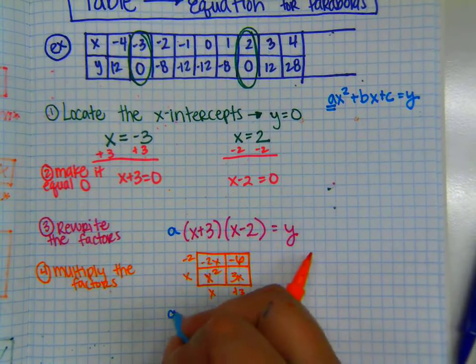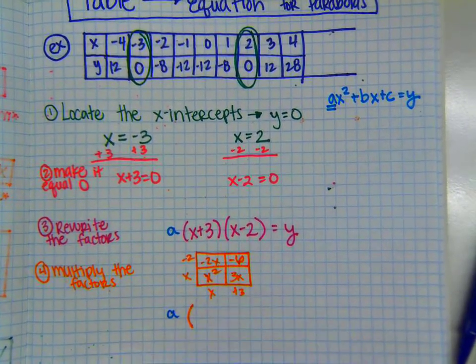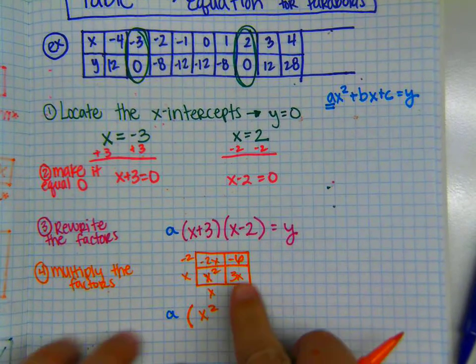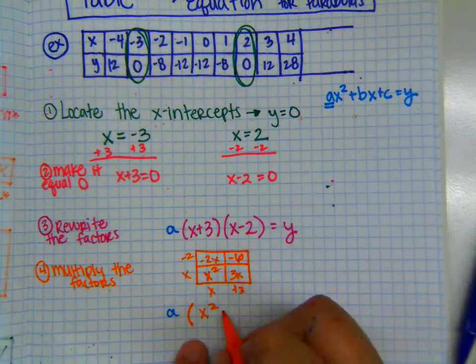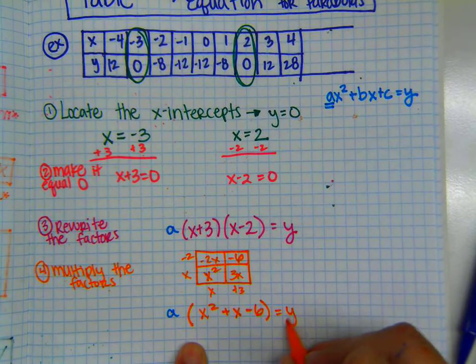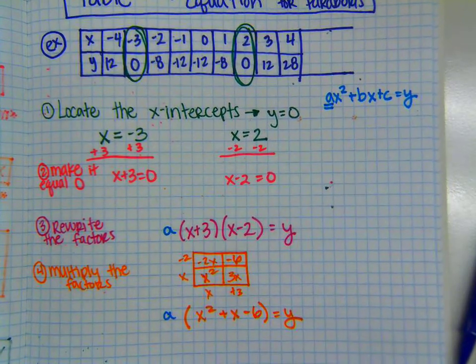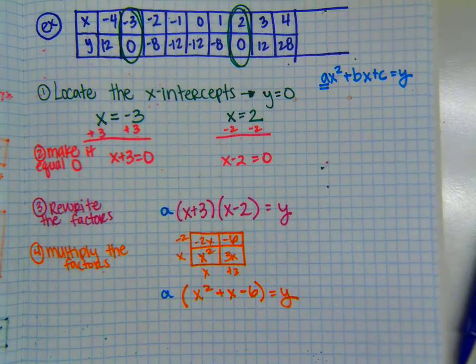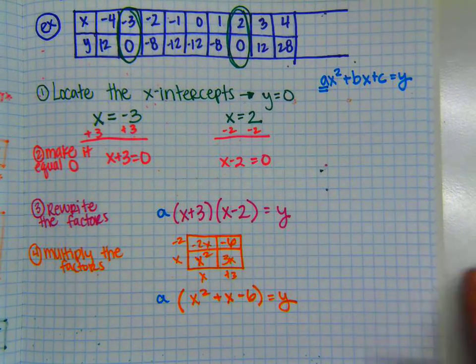I have a times what's inside, which is x squared. We have a 3 and a negative 2. That's a positive x minus 6 equals y. Okay. But we still need to find a. Okay, that's what we still need to find.